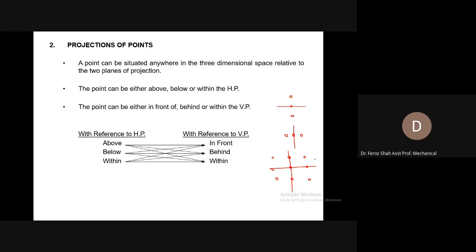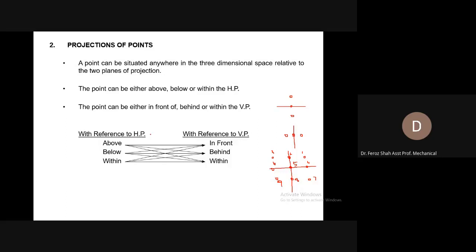So we can have these nine positions: one, two, three, four, five, six, seven, eight, and nine, with respect to these two principal planes of projection.